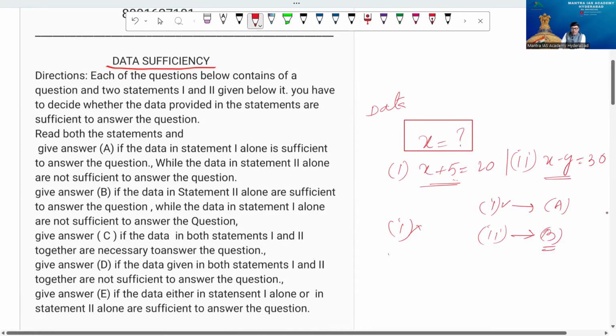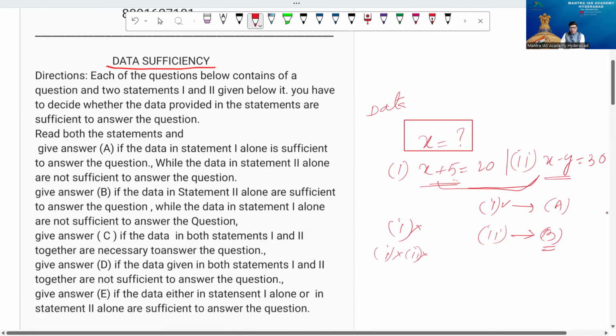Now, if you didn't get the answer by using the first statement or the second statement individually, then combine these two statements. The logic is very important for the third option. If your answer is not A and not B, only then do you think of C, please remember.